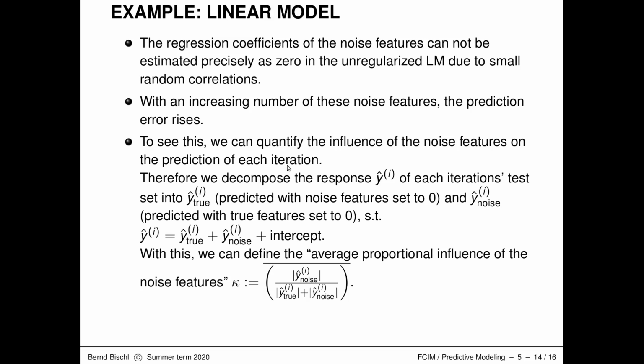So let's simply decompose our prediction y_i for an observation i in the following manner. We can decompose this into the intercept, the part of the linear sum that is calculated with respect to the true information carrying features, and then the part of the sum where we multiply coefficient times feature value and add that up for all of the noise features.